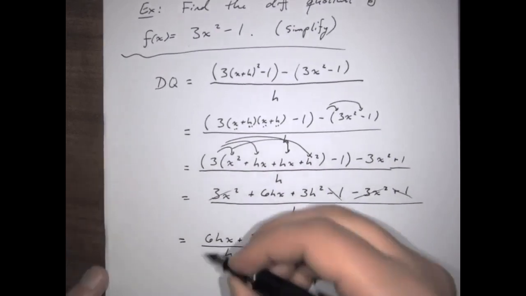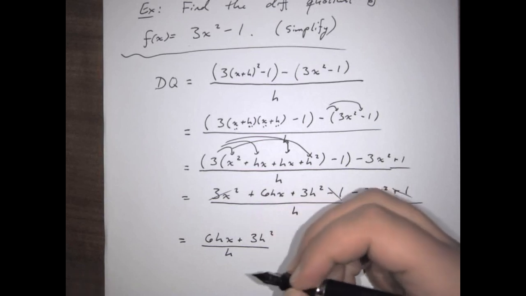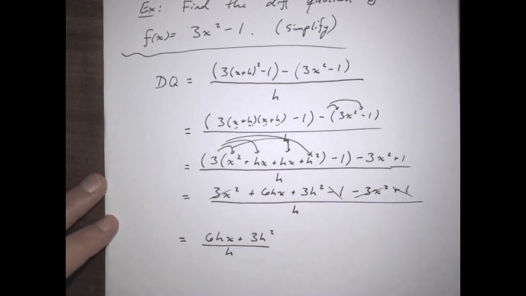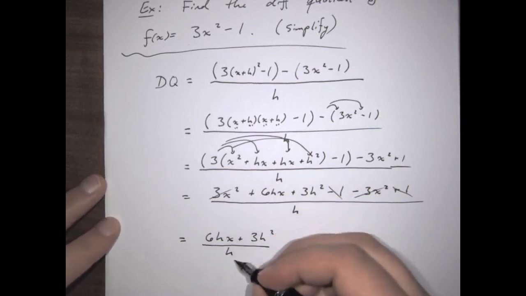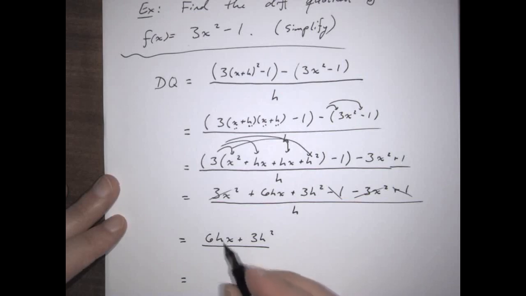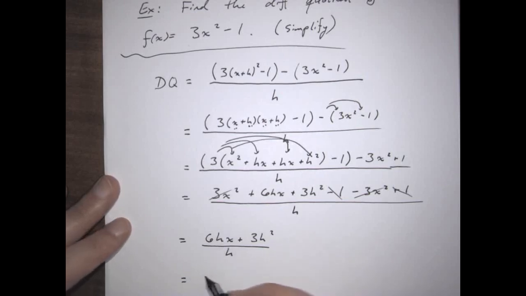Now, you might be tempted to just cancel that with that, but be careful, because we can only cancel a factor from the top with a factor from the bottom if it's a factor of the entire top and a factor of the entire bottom. So before we can go canceling the h with the h, we have to pull the h out of the top so that it is a factor shared by the whole top.